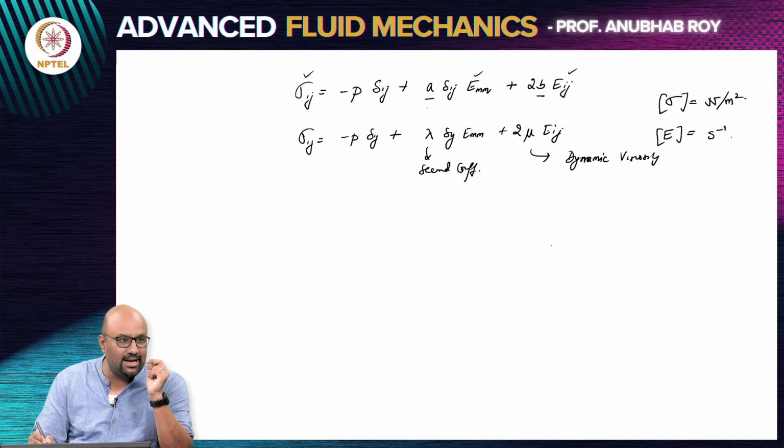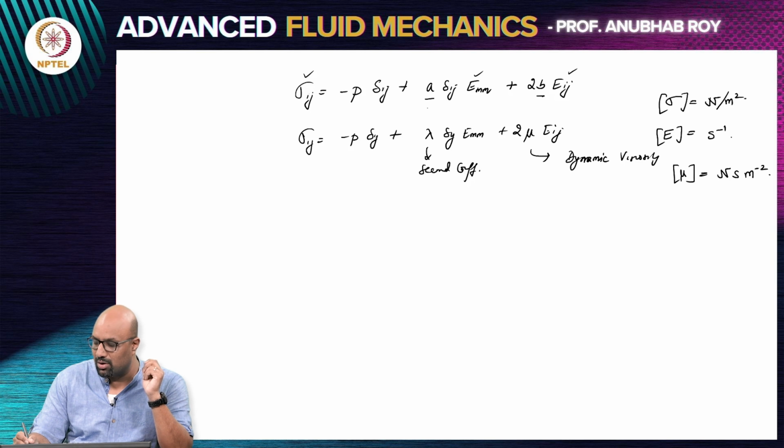It is a velocity gradient, so it will have units of inverse time scale, which means your dynamic viscosity has units of Newton second meter to the power minus 2.